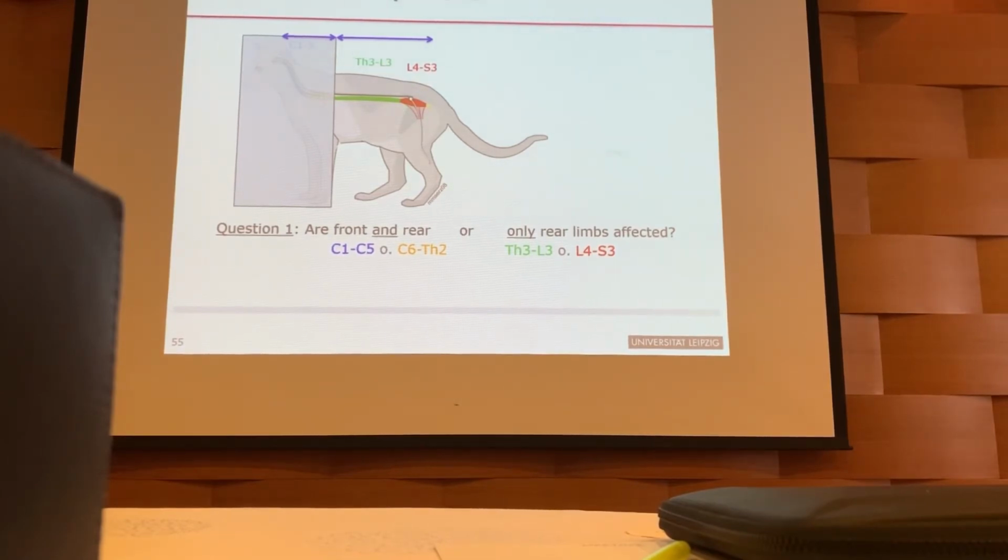If we do not have reduced reflexes, and it doesn't matter if they are normal or increased, it's T3-L3. And I find it much easier to determine if a reflex is reduced than to determine if it is increased. That's why I recommend looking for reduced reflexes. And I don't care about increased reflexes anymore. I mean, I recognize them, but for neurolocalization, I would say look for reduced reflexes.